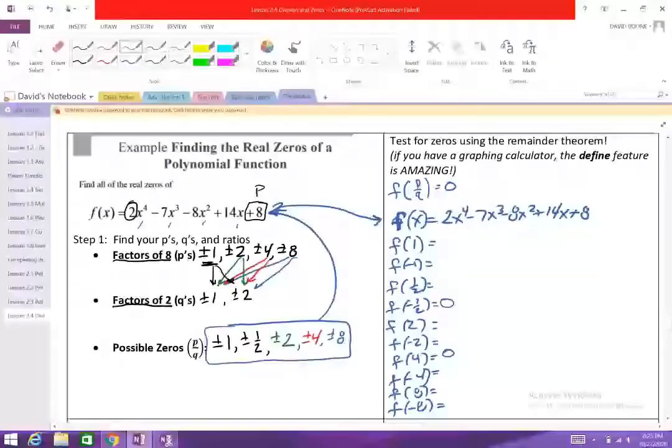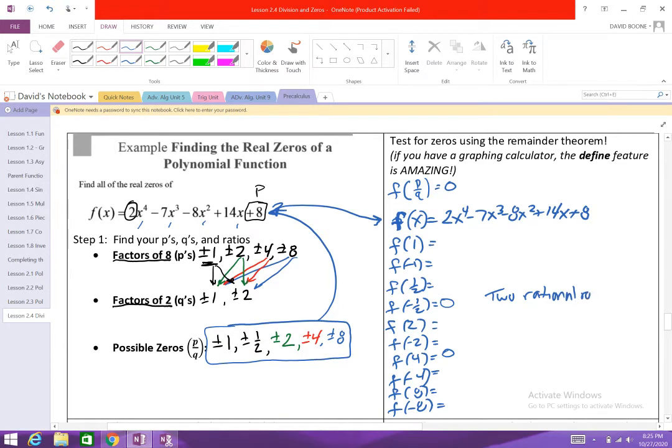So what we have is 2 rational roots. The other 2 would either be irrational or imaginary. You'll notice there were 4 there, so the other 2 would be irrational. Imaginary, you wouldn't have those graphed.